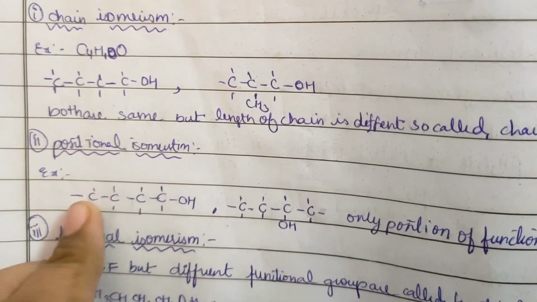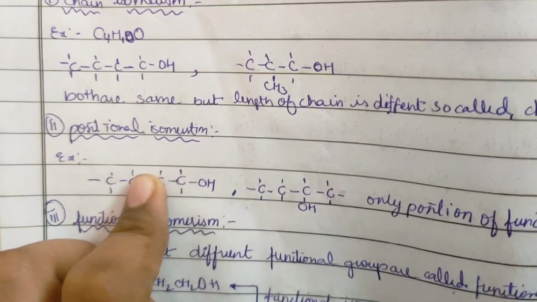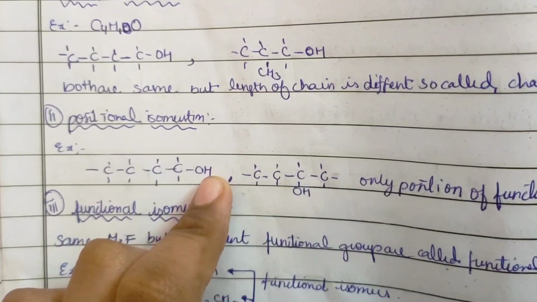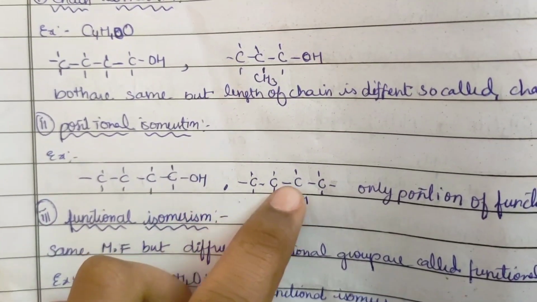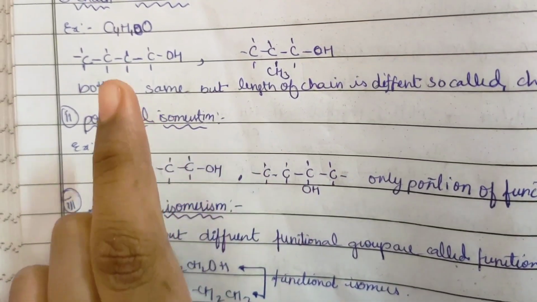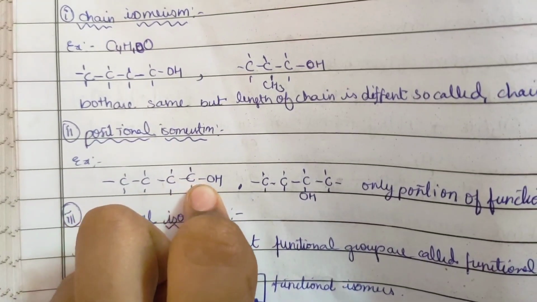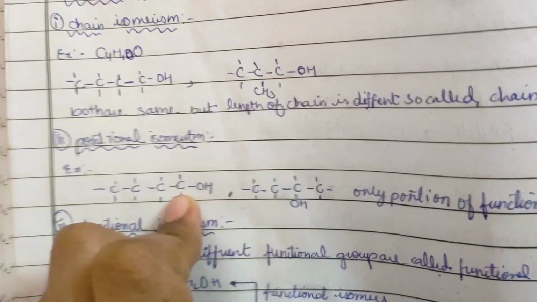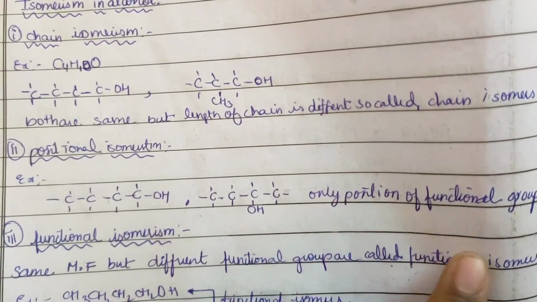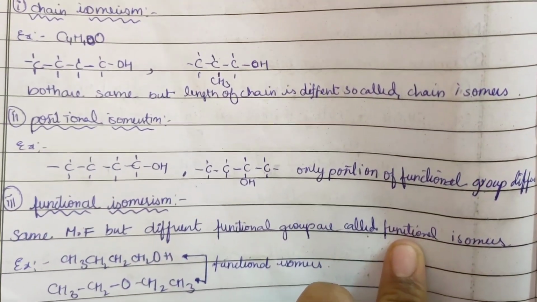The same structure as C4H10O here, which can also be written with the position of OH changed. So the molecular formula is the same, but the position of the functional group is different. So it is known as positional isomer.